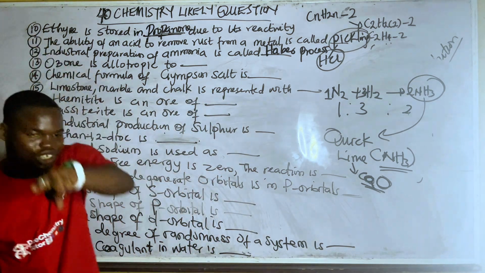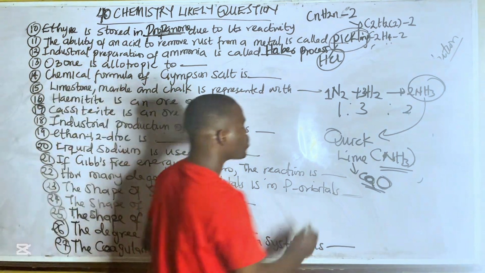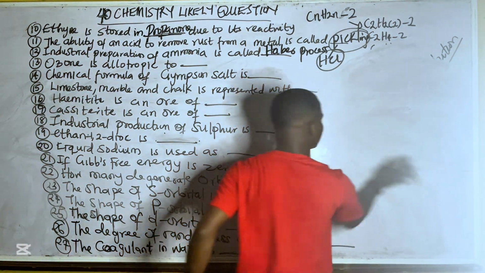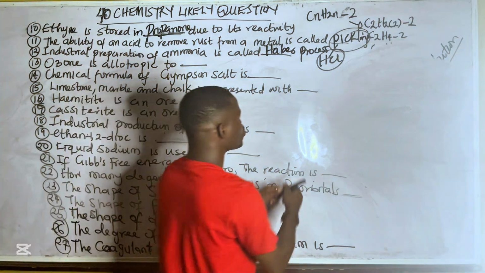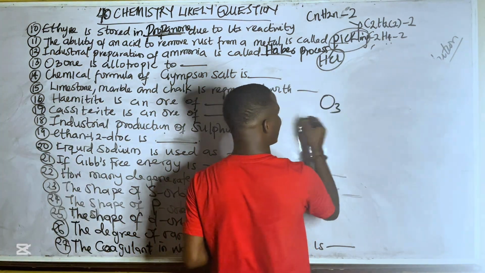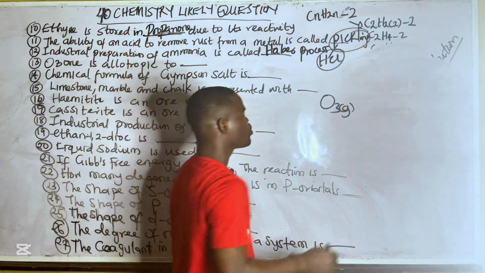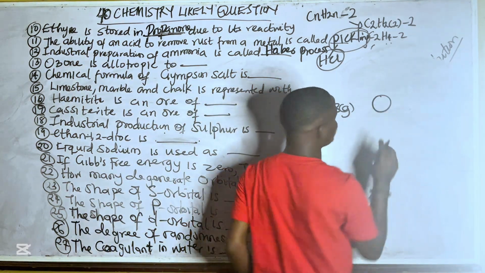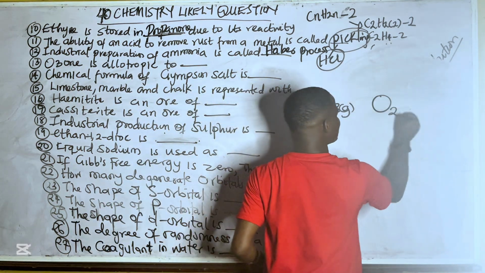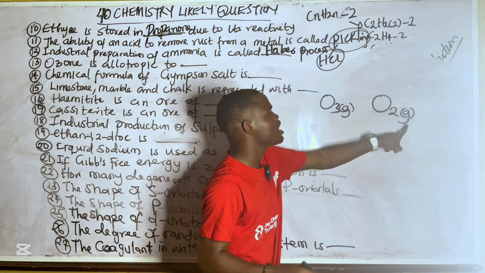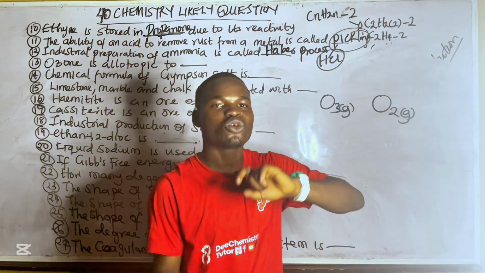Ozone is allotropic to dash. Don't forget that this is ozone, and it is also in gaseous state. But there's another gas that has the same state. So that means this is a gas, but in a different form.